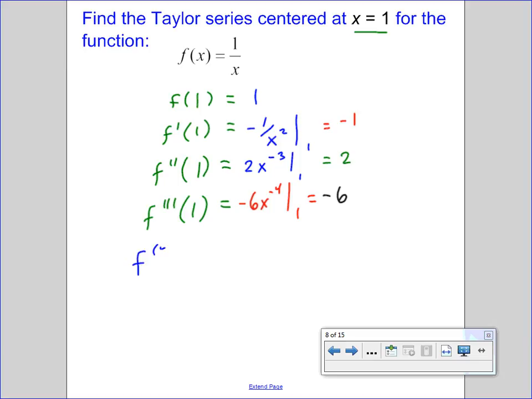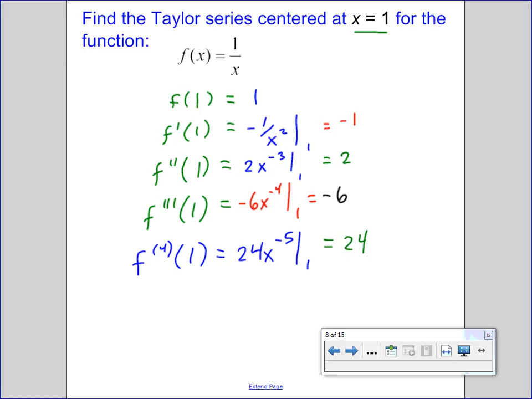Or am I? My fourth derivative, evaluate at x equals 1, I get positive 24. Now that number should look familiar. X to the negative 5, evaluated at 1, is positive 24.